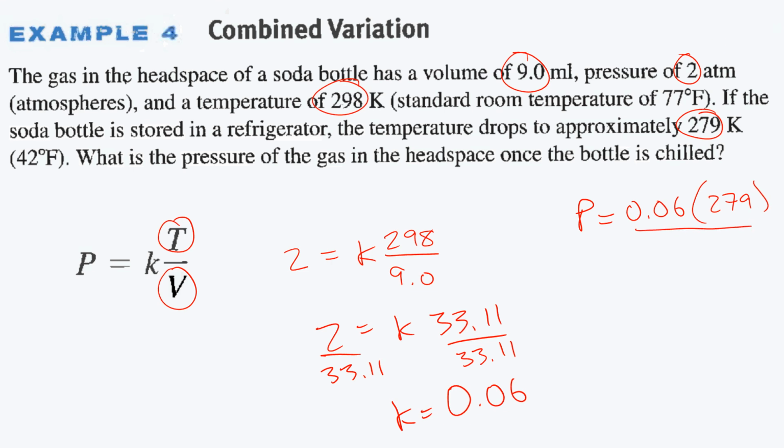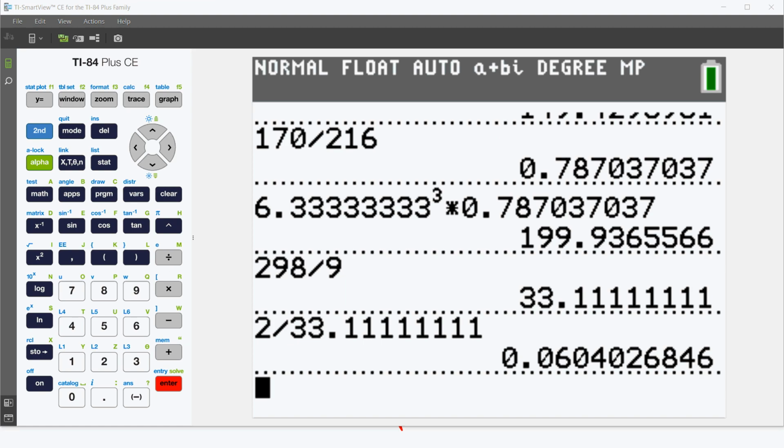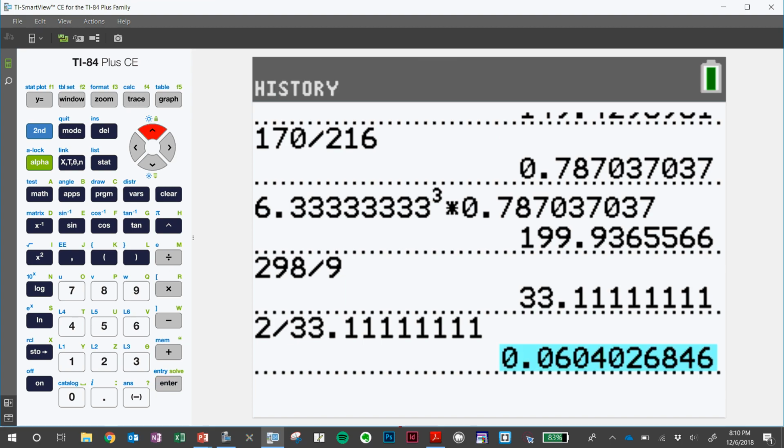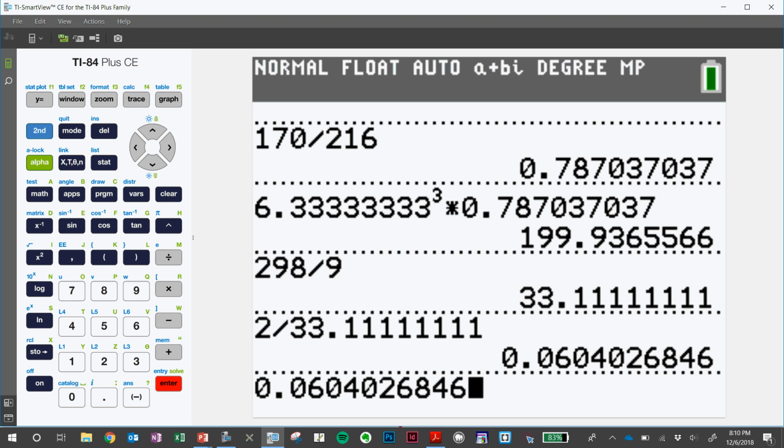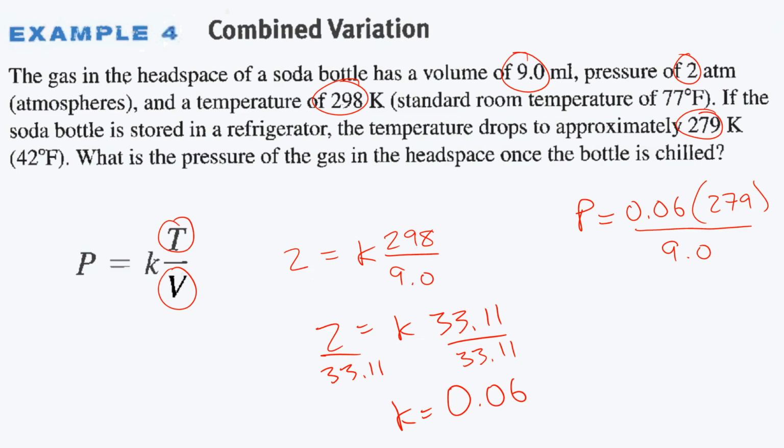And in this case, the volume stayed the same because the bottle didn't change. So let's plug these in. We're going to times by 279 and divide by 9. And we get 1.87. So the pressure dropped from 2 atmospheres to 1.87 atmospheres. All right, that will do it for variation. Good job getting all the way through chapter 3.